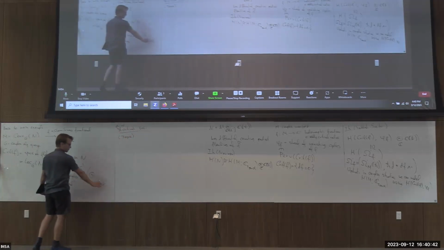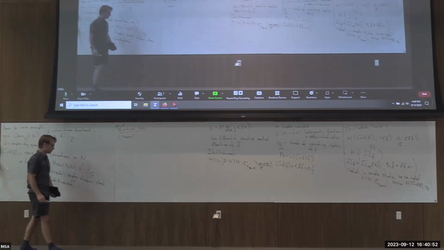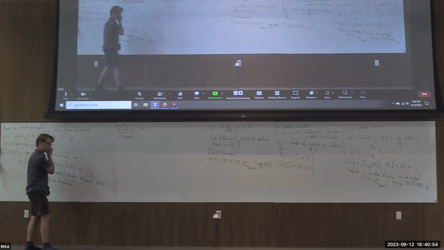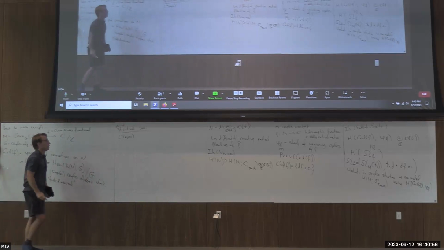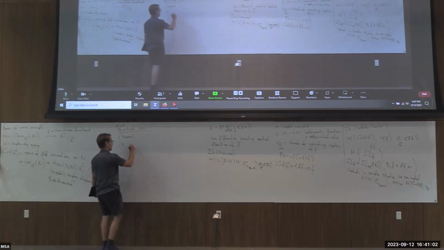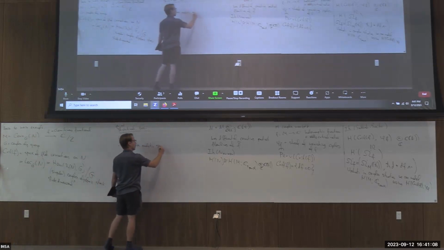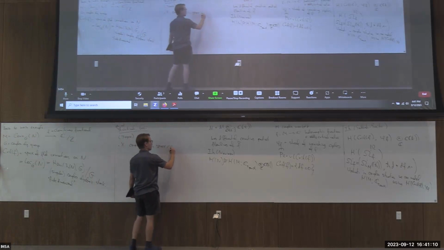To simplify this explanation, I'll just ignore the fact that it's a stack. I'll just be talking about either schemes or manifolds or holomorphic spaces. So let's say X is some complex analytic space or complex scheme.